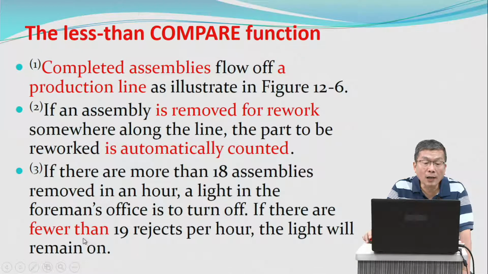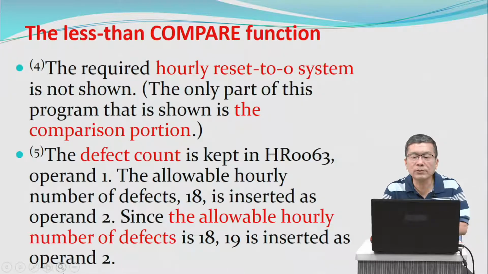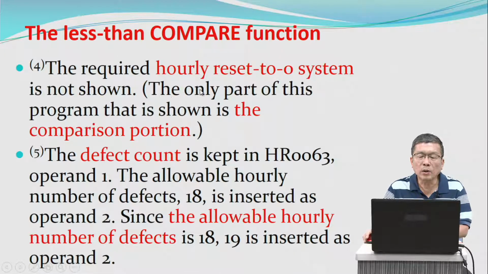If there are fewer than 19 rejects per hour, the light will remain on. The required hourly reset to zero system is not shown. The only part of this program that is shown is the comparison portion.